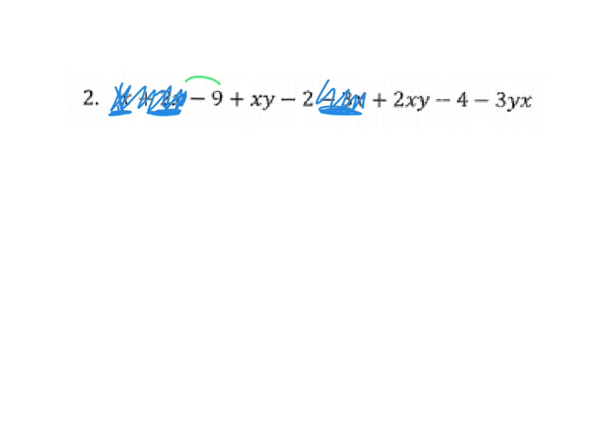Okay, let's go to our constants. So we have a negative 9 there, a negative 2, a negative 4. So negative 9 minus 2 is negative 11, minus 4 is negative 15. All right, here I have an xy. This would be like having a 1 out in front.